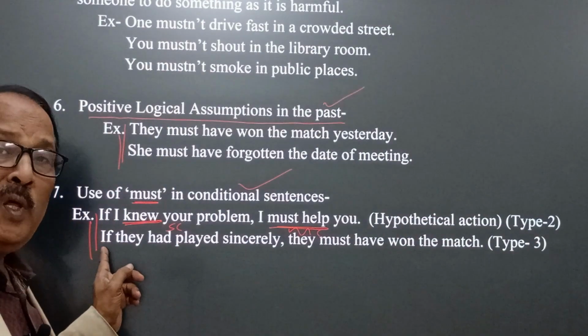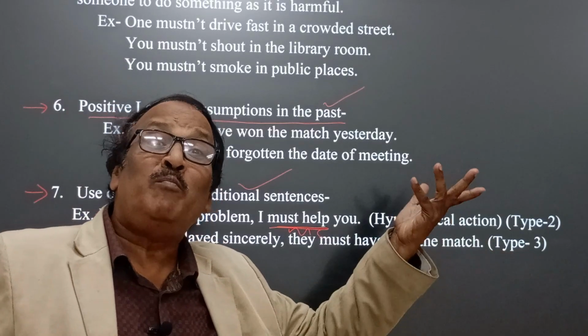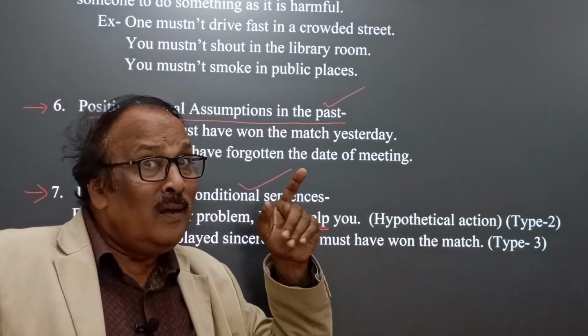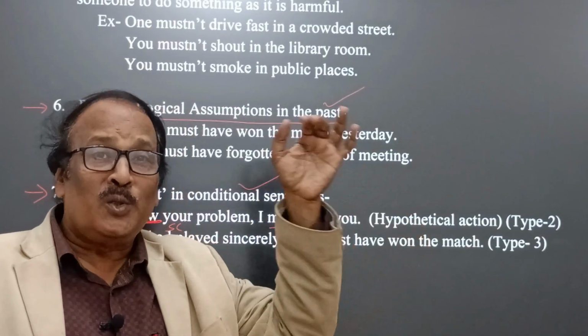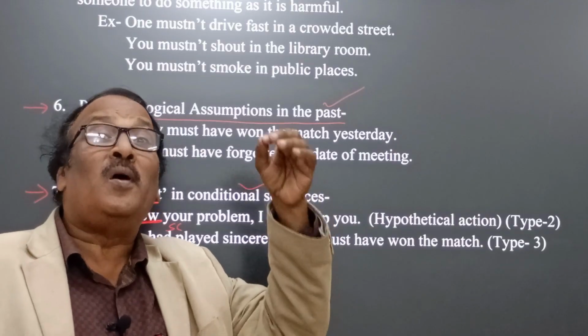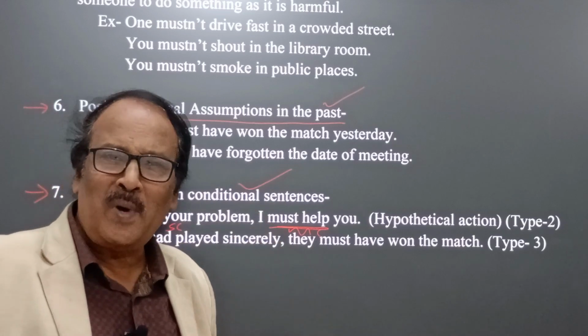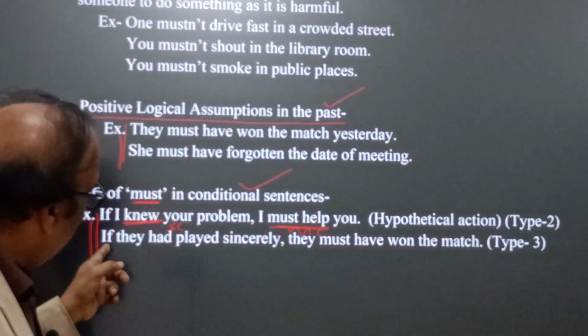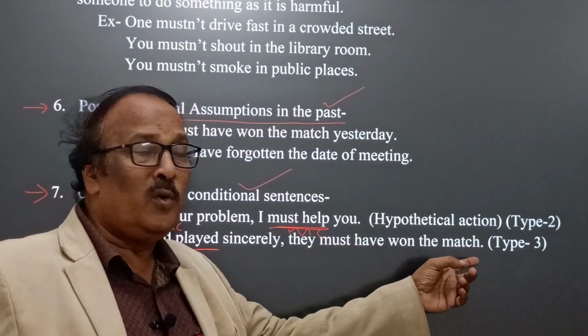Now come to the next example, which is based on type 3. What do you mean by type 3 of conditional clause? In the if clause, past perfect, and in the main clause, should or would or could or might or must plus have plus past participle, keeping the meaning in mind. Okay, let's see. If they had played sincerely, they must have won the match.